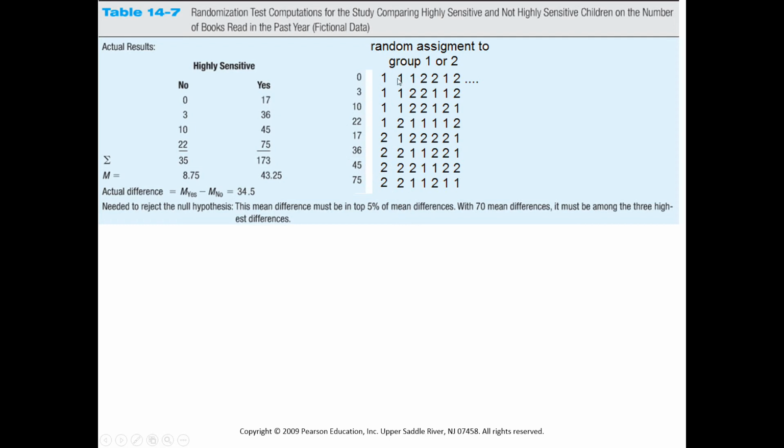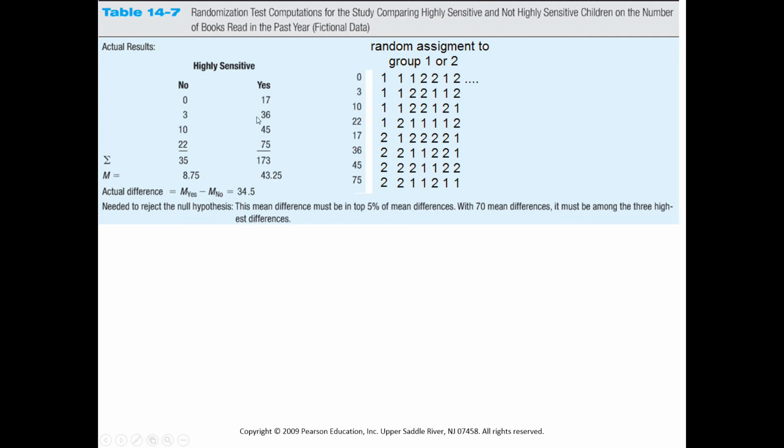Let's say that by chance the first person is assigned to group 1, but the fourth person is assigned to group 2, and so on. Again we calculate the average for people assigned to group 2, the average for people assigned to group 1, and the difference between those groups. Again, we can do it for another permutation of those groups, and so on.